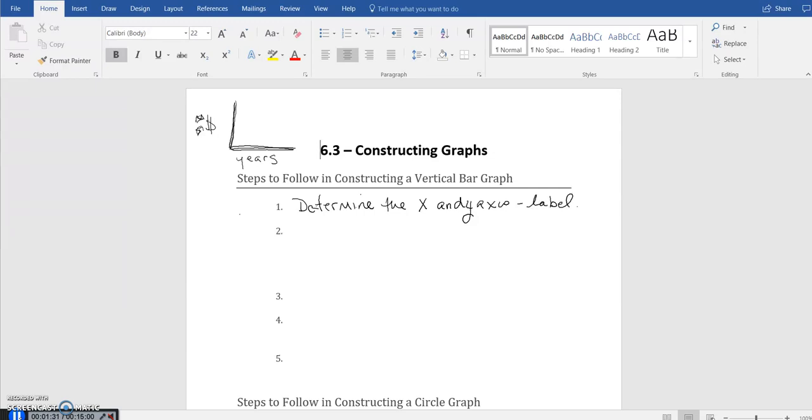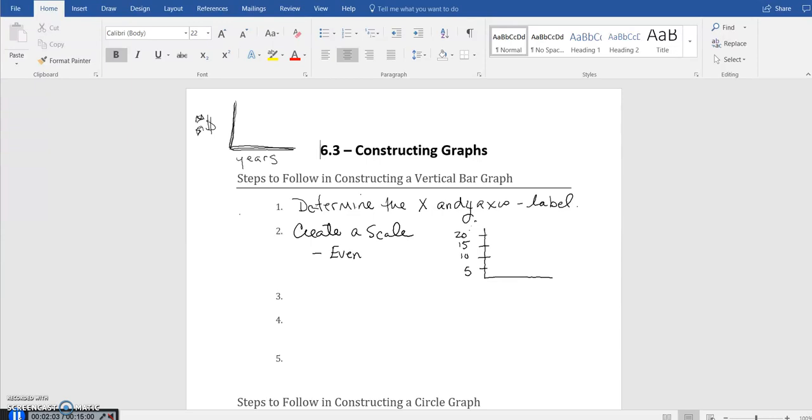The next thing that we're going to do after we've done that is we're going to create a scale. Now there are two things that we need to do. We're going to need to make sure that those scales are even. I don't mean like even numbers. I mean like if I had a scale, I want to go 5, 10, 15.